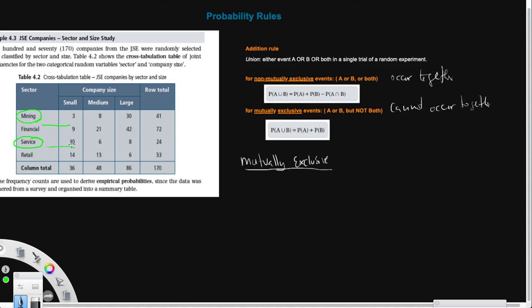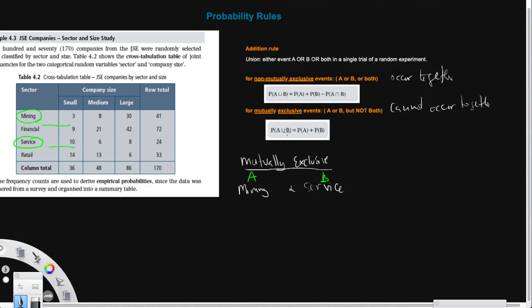It's either you have one or you have the other one. You cannot have two. So we've said mining and a service company, and let's say A is mining and B is service.